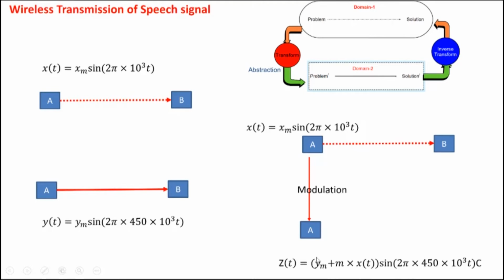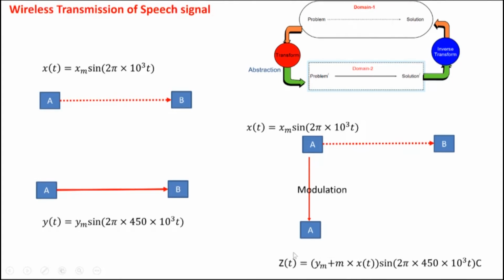To produce a signal like this, note that it is nothing but the original signal Ym sin ωt plus a multiplication of x(t) and y(t). So all I need is a multiplier to generate a signal like this. Now this is a high frequency signal.